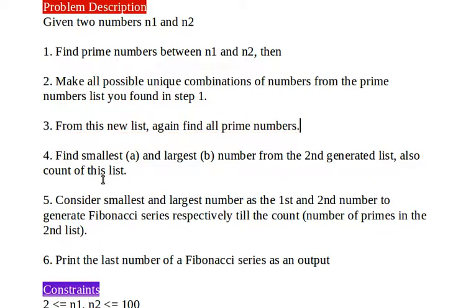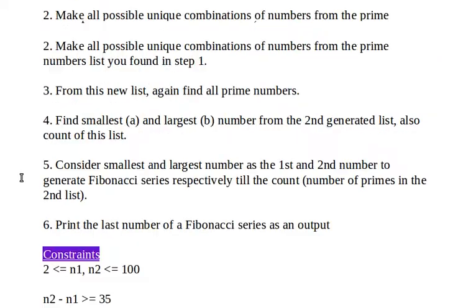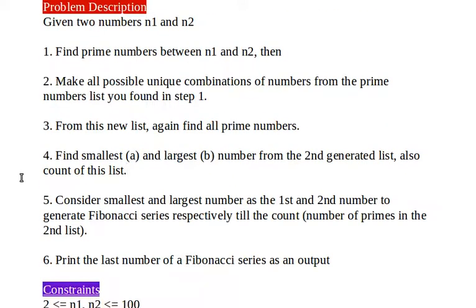Step 4 is to find the smallest and the largest number of the second generated list, and also count the elements of this list. As you can read, fifth and sixth: considering the smallest and the largest as the first and second numbers, generate the Fibonacci series, and then sixth is to print the last number of the Fibonacci series as an output. Okay, so in detail we can directly tell what the problem is.